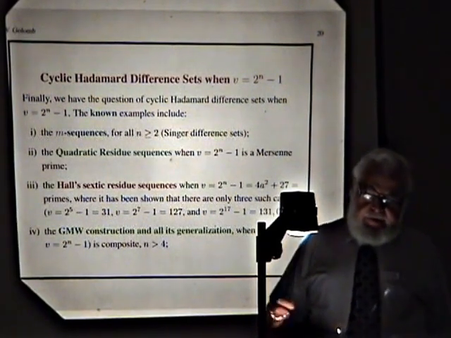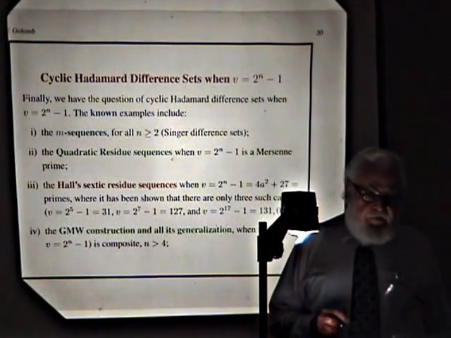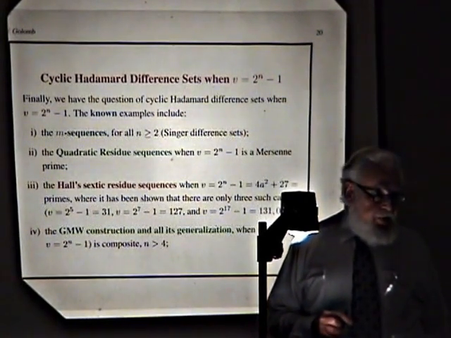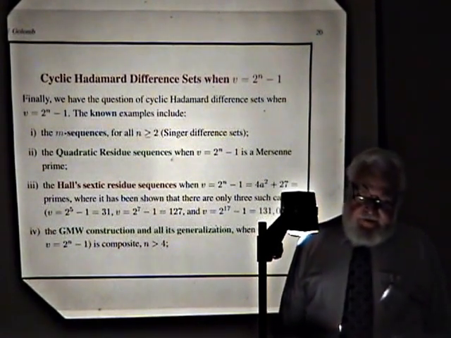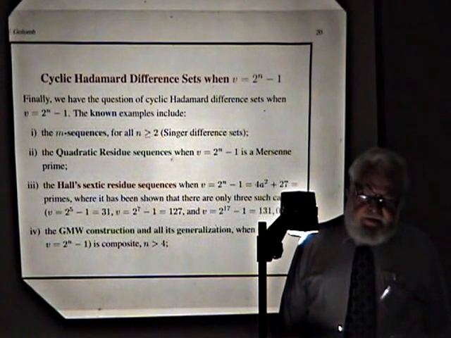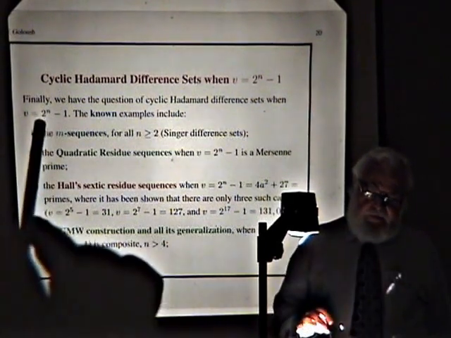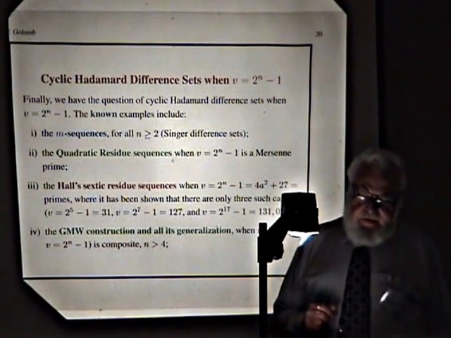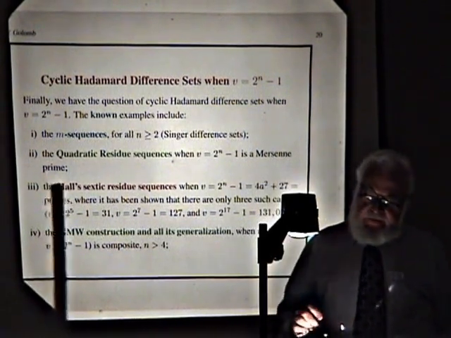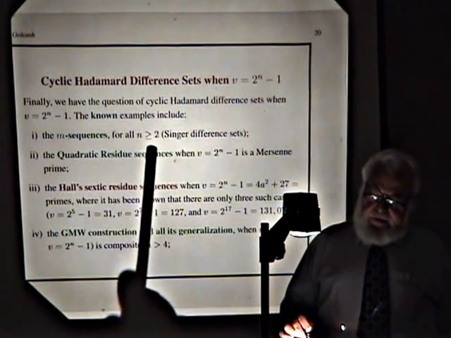What's happening here is that you're really looking at constructions that come from the finite field of 2 to the n elements. And that's a very rich source of examples, all of which in some way or another can be related to the trace function that maps elements of the large field, 2 to the n elements, down to the small field of 2 elements.